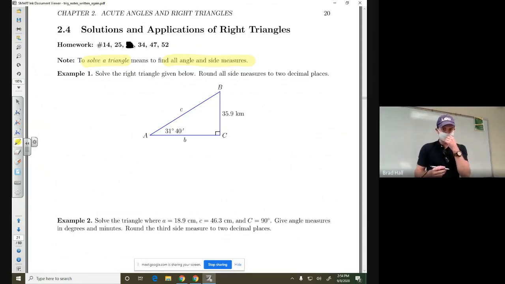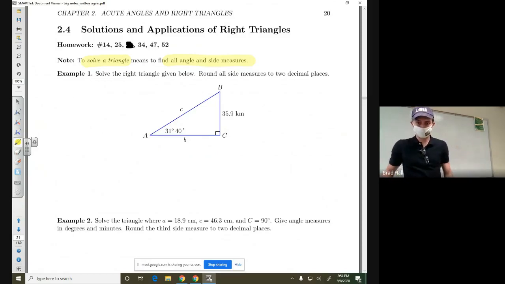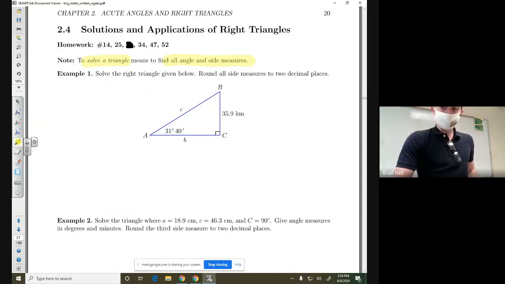So that leads directly into example 1, which gives us really 2 angles and 1 side, and we're going to figure out all the remaining angles and sides. If anything, one of these values we can figure out really quickly.